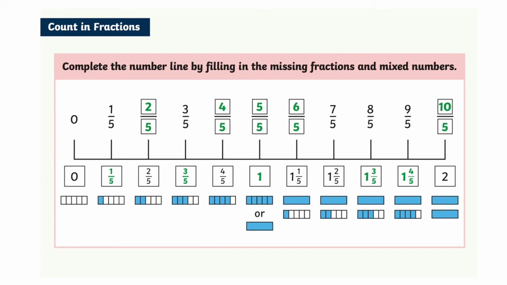So let's do that again. 0, 1/3, 2/3, 3/3, 4/3, 5/3, 6/3. Then you do your mixed number fraction. So you've got 0, 1/3, 2/3, 1, 1 and 1/3, 1 and 2/3, 2.